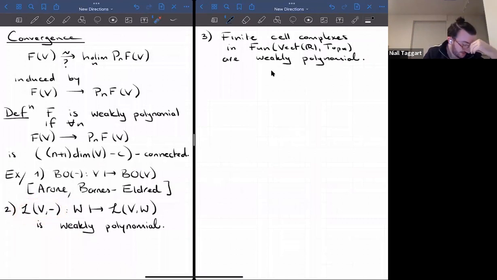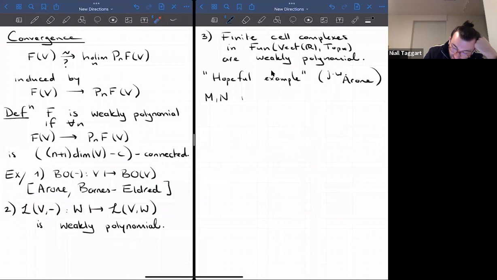There's a hopeful example. Let me tell you about it. That is going to appear in some joint work with Gregoron once we flesh out the details.